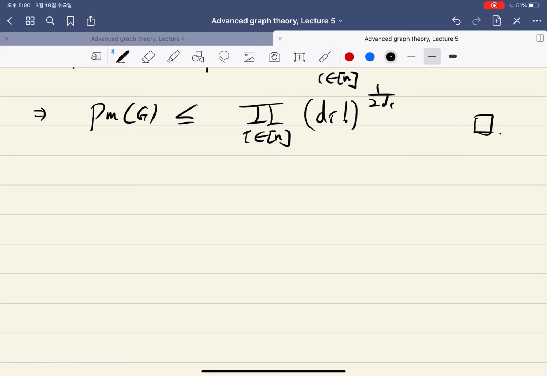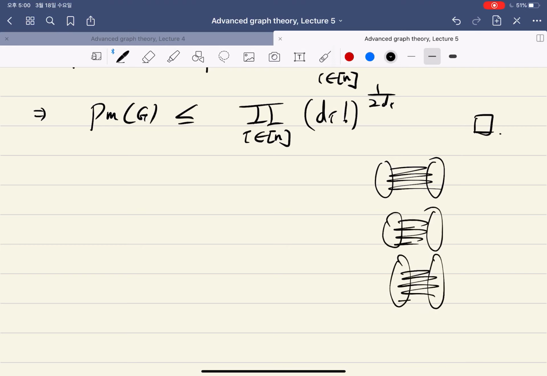As I mentioned before, the equality could hold if we take a disjoint union of complete bipartite graphs K_{d,d}, K_{d',d'}, K_{d'',d''}, then this equality may hold.